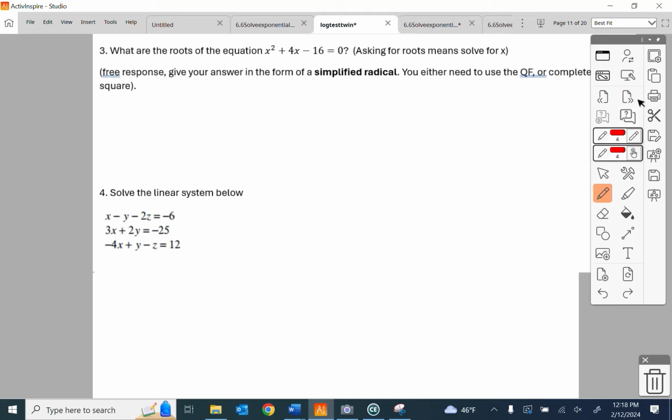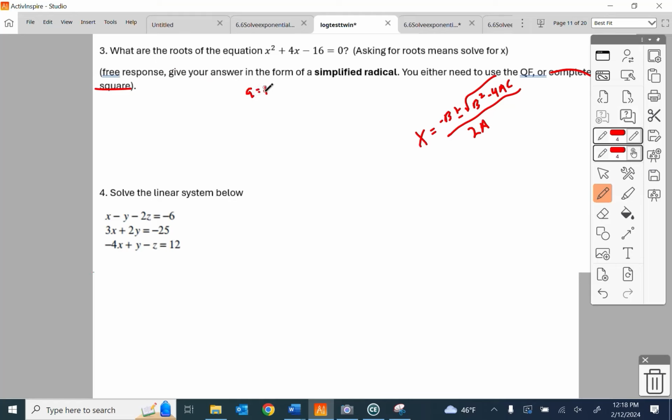What are the roots of the equation x squared plus 4x minus 16, which means solve it for x? It's free response. You were not taught the complete the square technique, so you're just going to do the quadratic formula. The quadratic formula goes x equals negative b plus or minus square root of b squared minus 4ac, all over 2a.